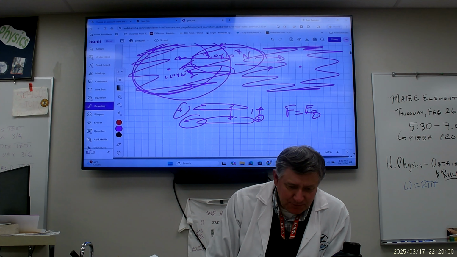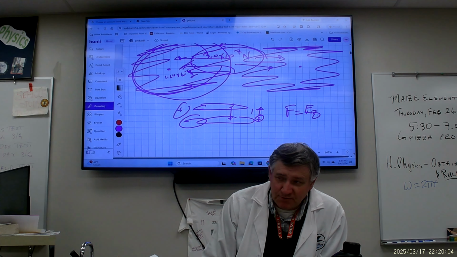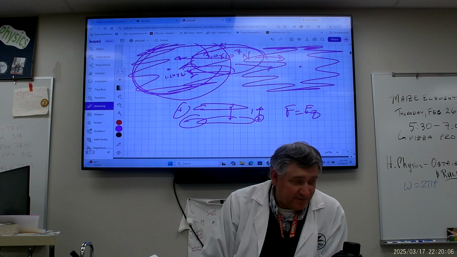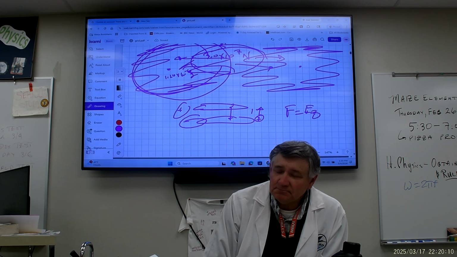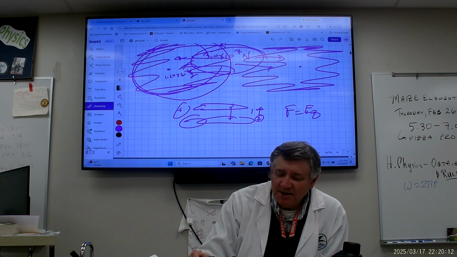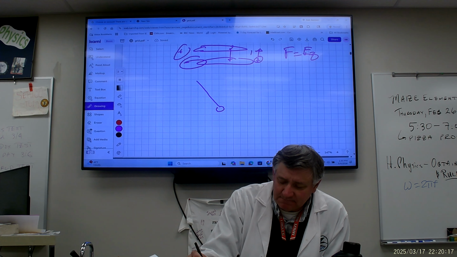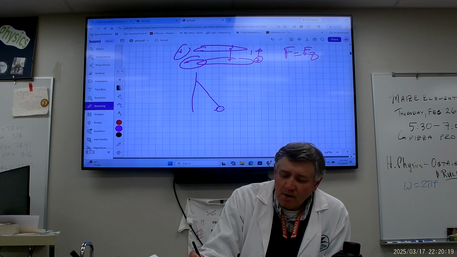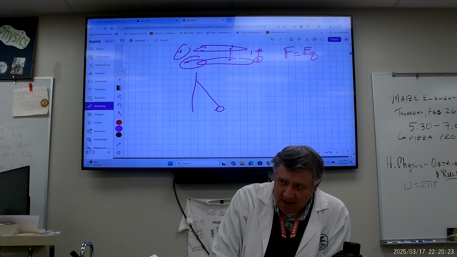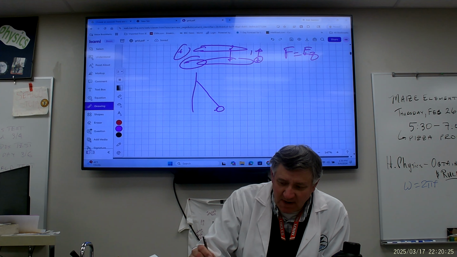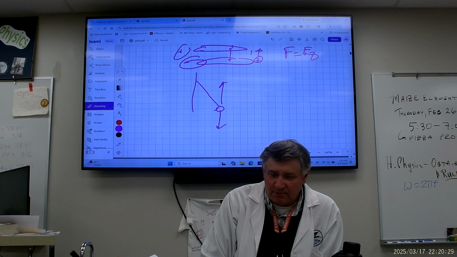On 62, I promise you, there's going to be something like 62 where you have an angle involved. It all hinges off of one idea. If you know the mass, what's the one thing you can always find? Gravity. You can find the gravitational force, which means you know that side of the triangle.